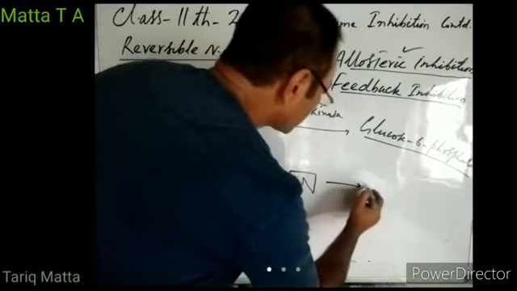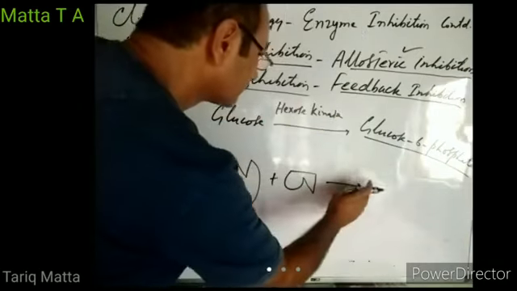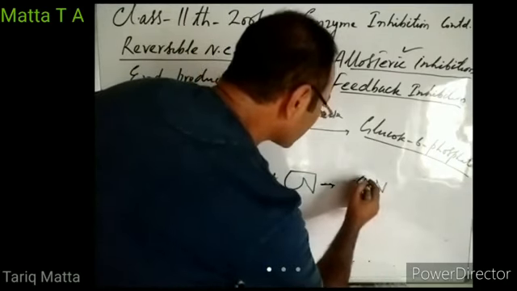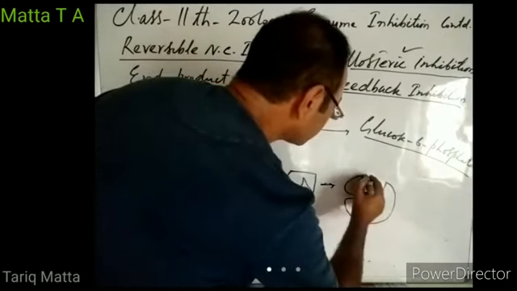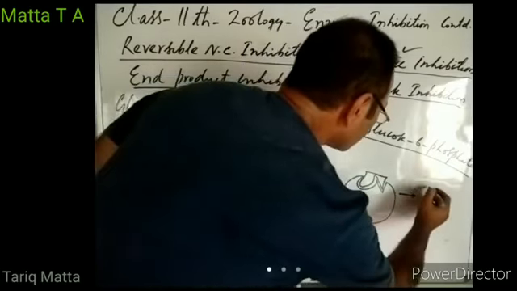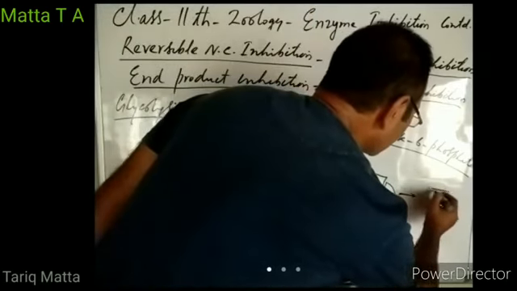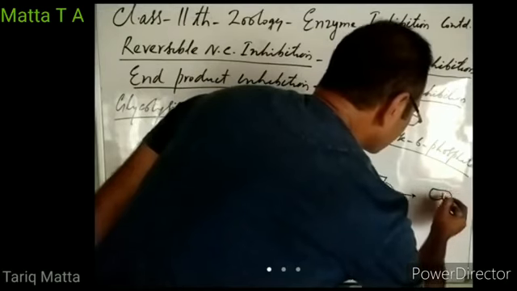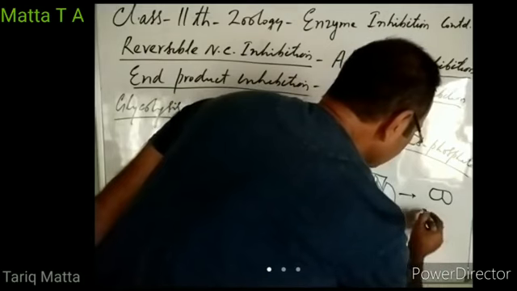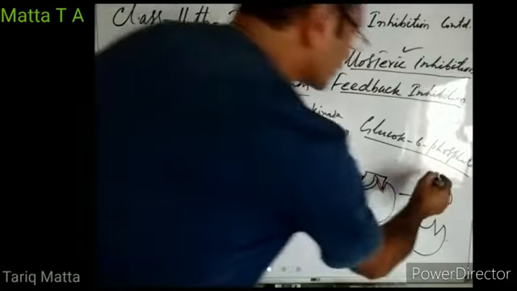When the substrate binds to the enzyme, it converts the substrate into glucose 6 phosphate, and the enzyme itself remains unaltered. Right? So this is glucose 6 phosphate.